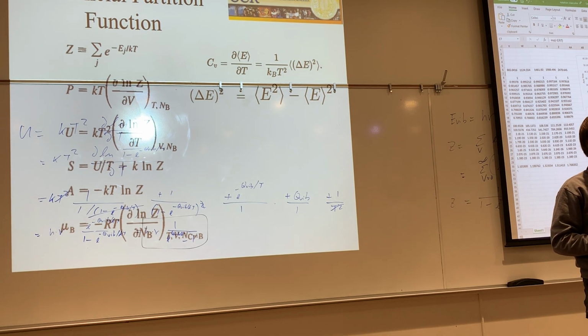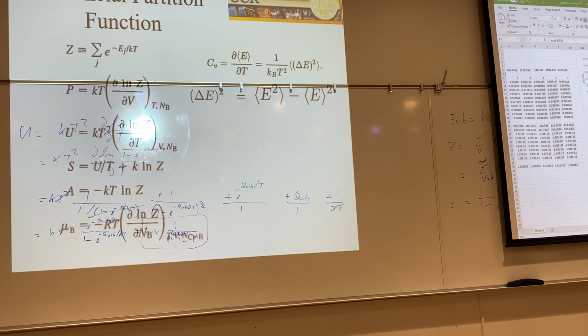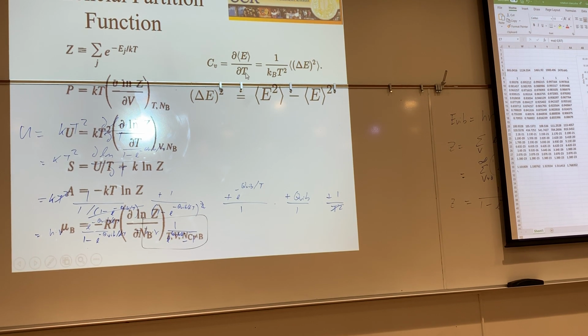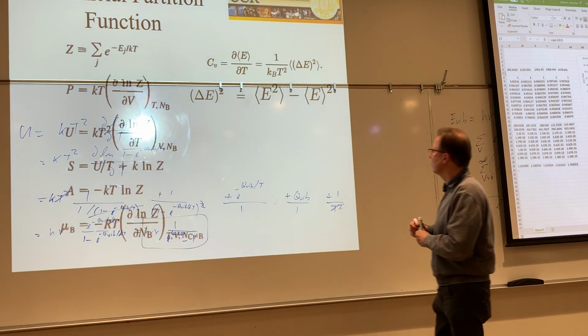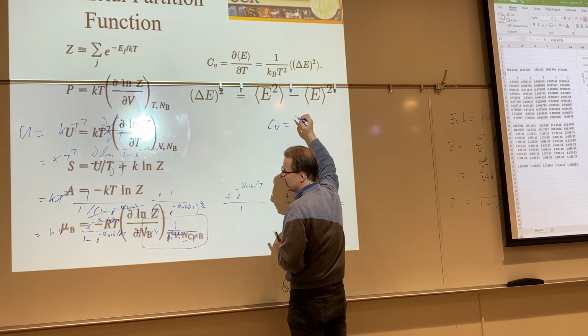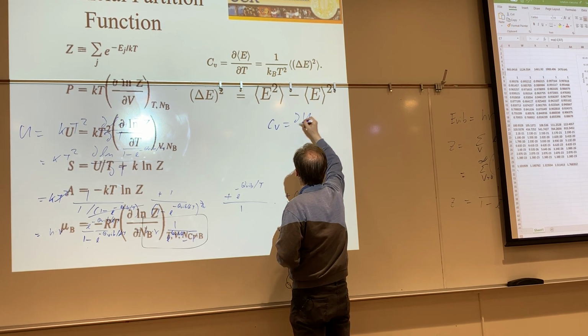But it's not really a problem either, because we derived this one here coming from here. The heat capacity CV is the first derivative of the internal energy by the temperature. So if I wanted to figure out what is the heat capacity of our system, CV, then that is really dU by dT.